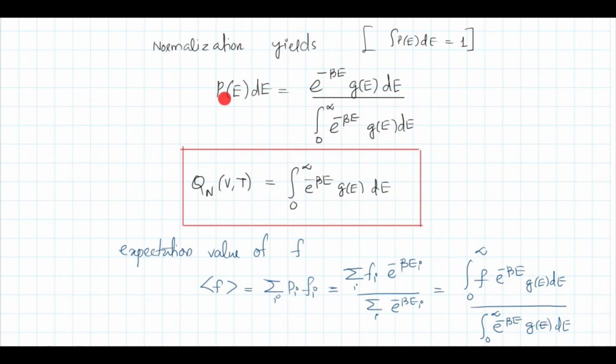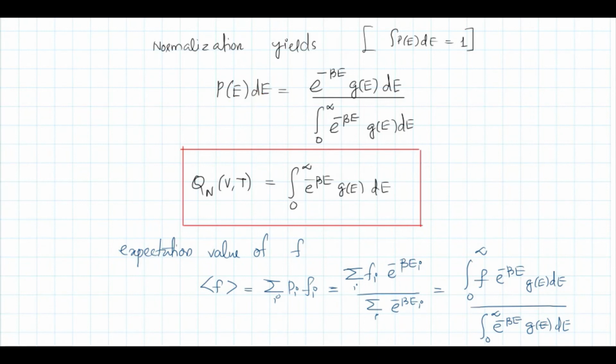Therefore P of E dE is equal to e raised to minus beta E G of E dE divided by integral 0 to infinity e raised to minus beta E G of E dE. This is the probability of finding the system in an energy value which lies between E and E plus dE.